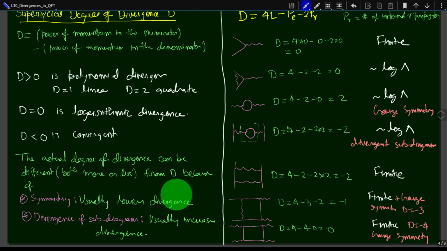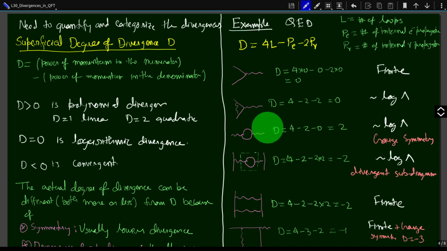And if you have a diagram where a sub-diagram, a smaller subset of the diagram, is divergent, your superficial degree of divergence may be finite, but the actual divergence is more than that, because there is a divergent sub-diagram sitting inside. So a divergent sub-diagram usually leads to a divergence more than the superficial degree of divergence.